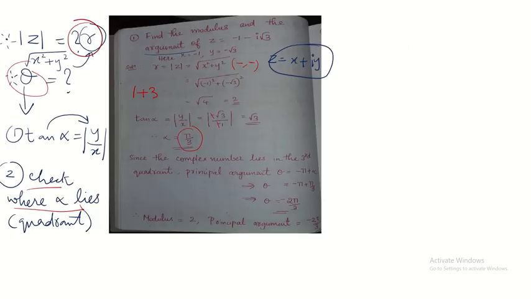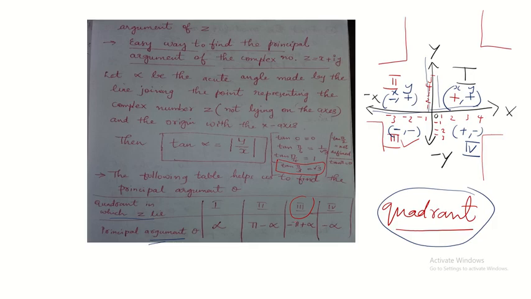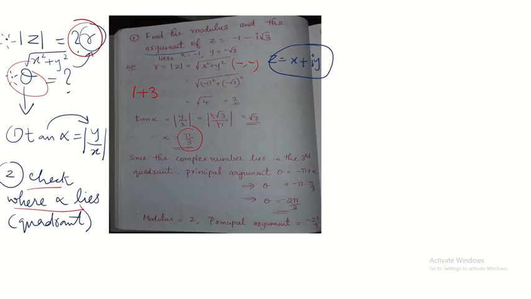So here, the complex number lies in the third quadrant. Principal argument theta is minus pi plus alpha. The next line, this implies theta is equal to minus pi plus, what is the value of alpha? Alpha is pi by 3, right? Now, minus pi plus pi by 3.